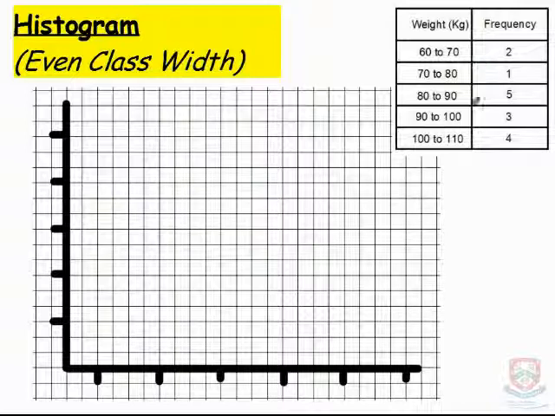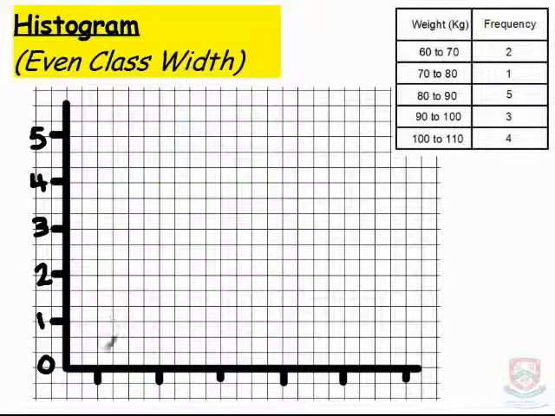Because the frequency on my data doesn't go any higher than 5, then the frequency on my graph doesn't need to go anywhere above 5. Starting at 0 at the bottom, I'm going to label every 3 squares with the next number of my frequency. You need to judge how far this needs to go, or how much space you're allowed based on the amount of space you have on the paper.